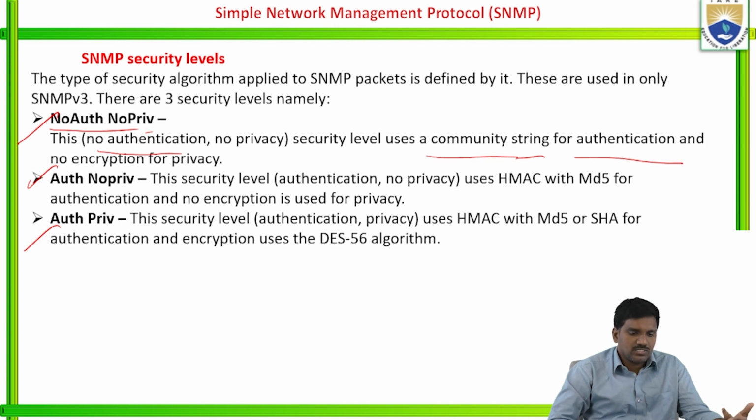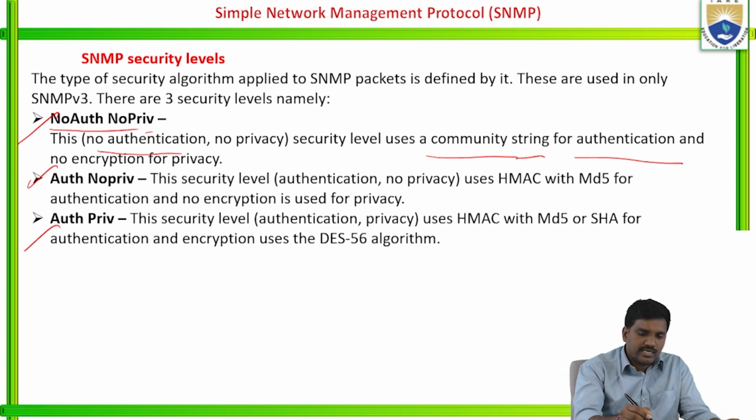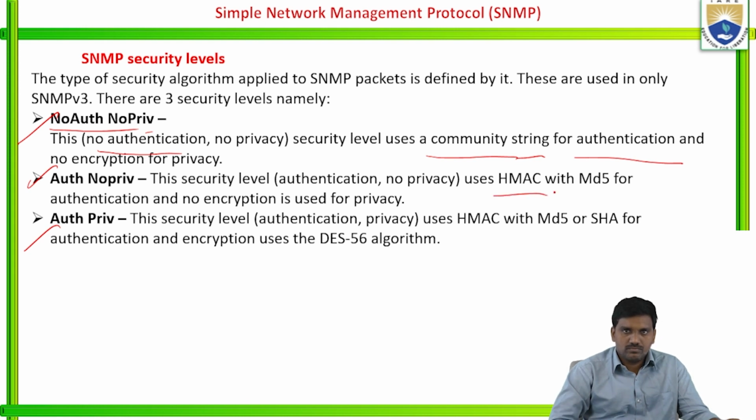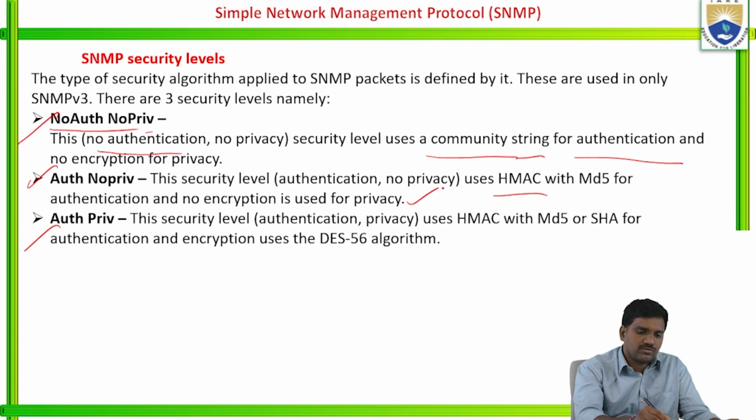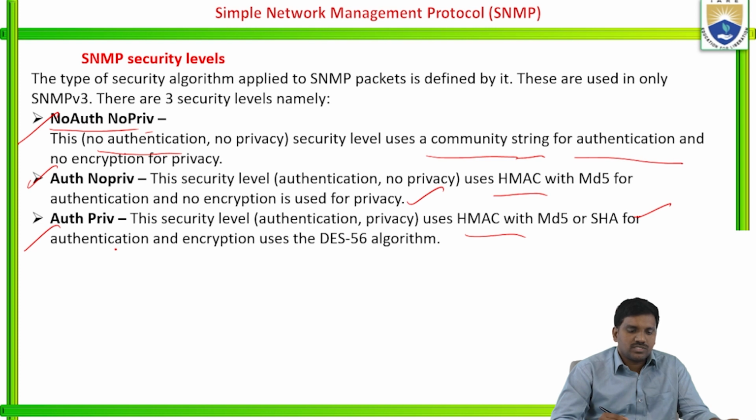Next is authentication, no privacy. Here it uses HMAC with MD5 authentication and no encryption is used for privacy. This is the second one. Next is authentication and privacy. Here it uses HMAC with MD5 or SHA authentication, and encryption uses the DES 56 algorithm.